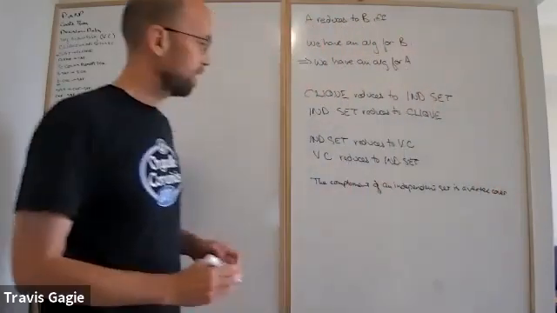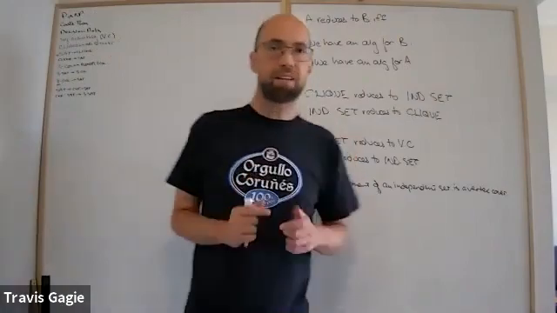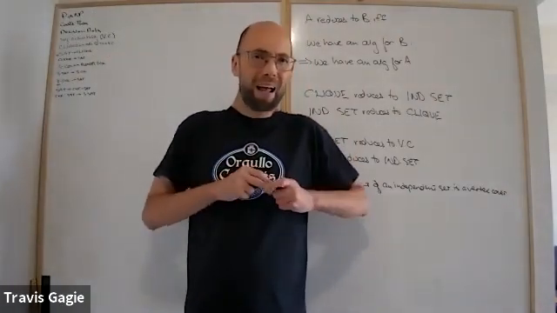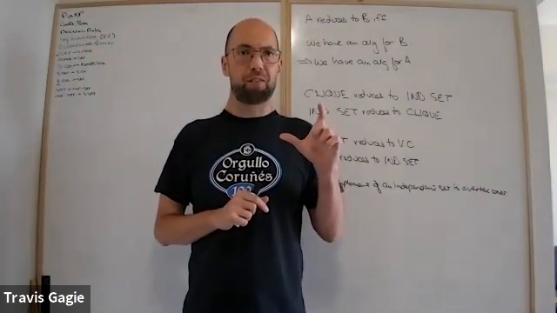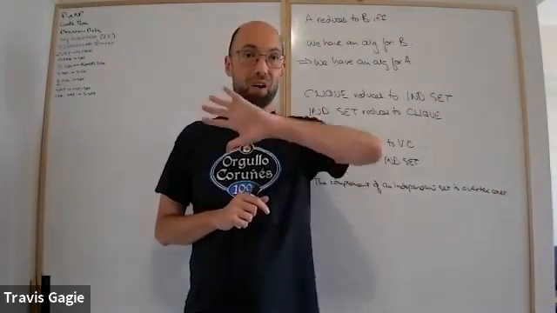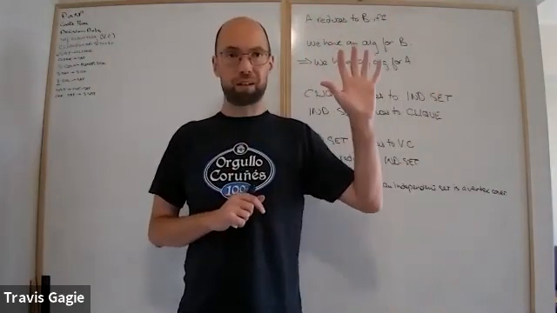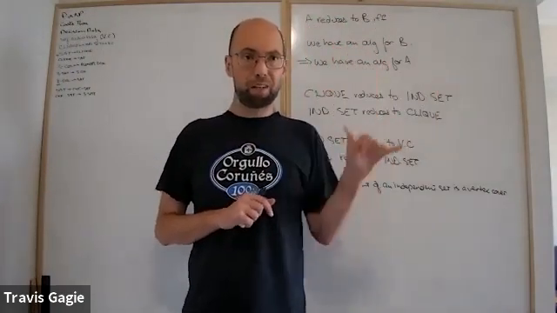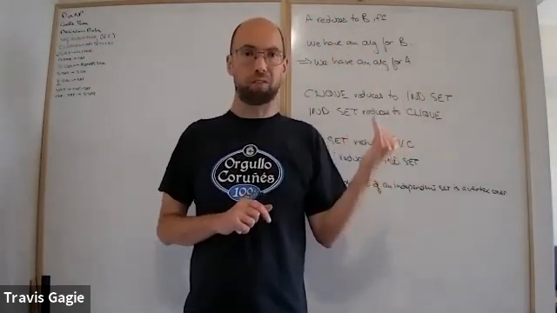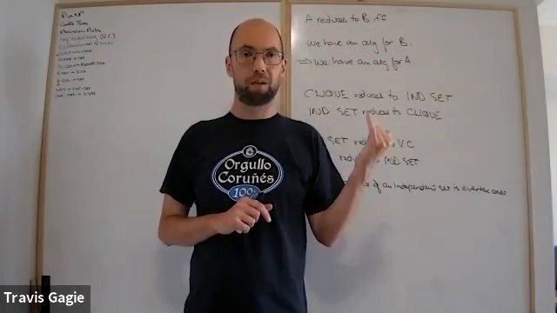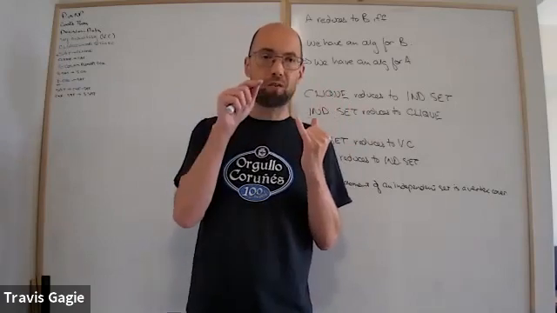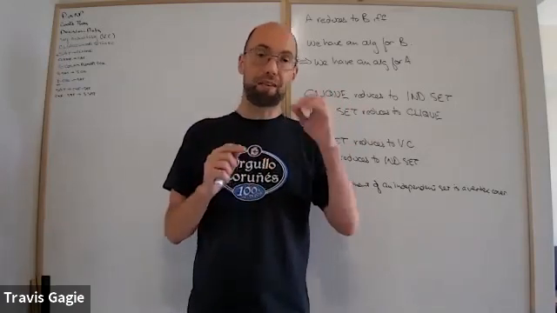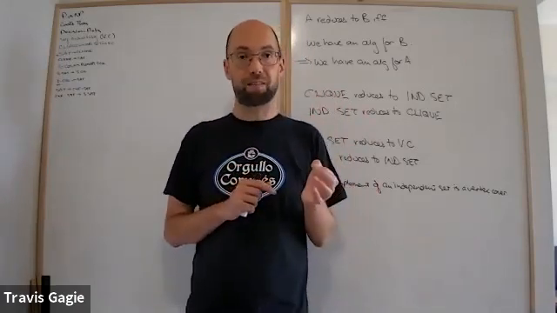Right? Why is this true? Because if you take an independent set, there are no edges between those vertices. So if you take all the other vertices in the graph, all of the other edges have at least one endpoint in those vertices. They could have one endpoint in the independent set.